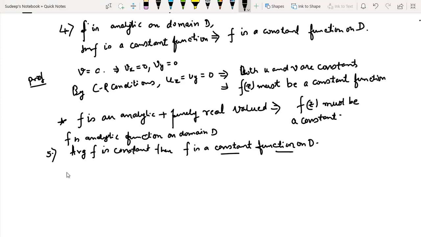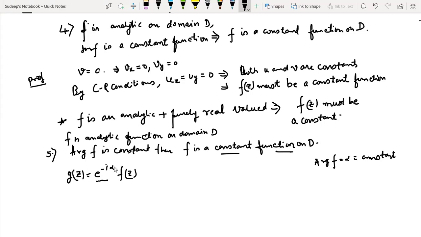So let me construct a function g(z) which is equal to e raised to the power minus iota alpha times f(z), and let's say the argument of f is simply alpha and it is constant. So what I'm doing, I'm multiplying my f(z) with a scalar which is a constant, because alpha is a constant here.